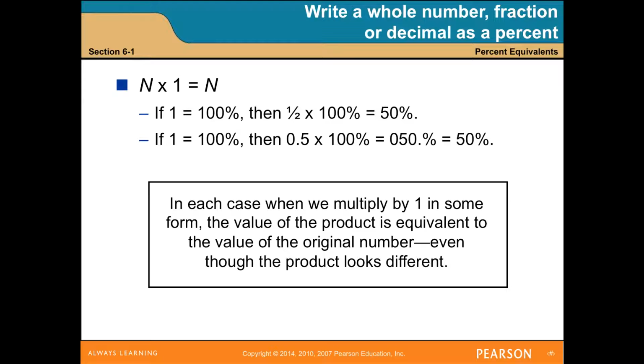If 1 equals 100%, then 0.5 times 100% equals 50%. In each case, when we multiply by 1 in some form, the value of the product is equivalent to the value of the original number, even though the product looks different.